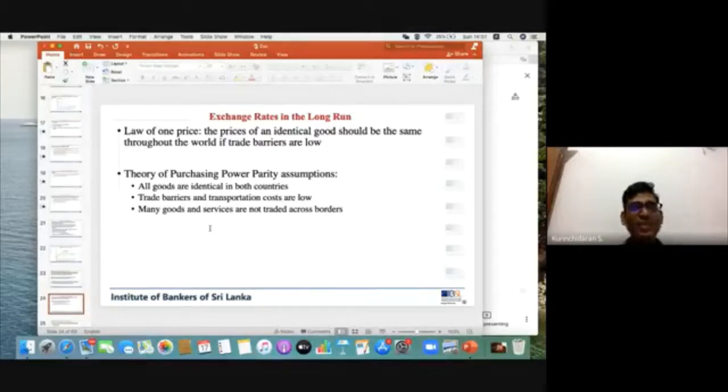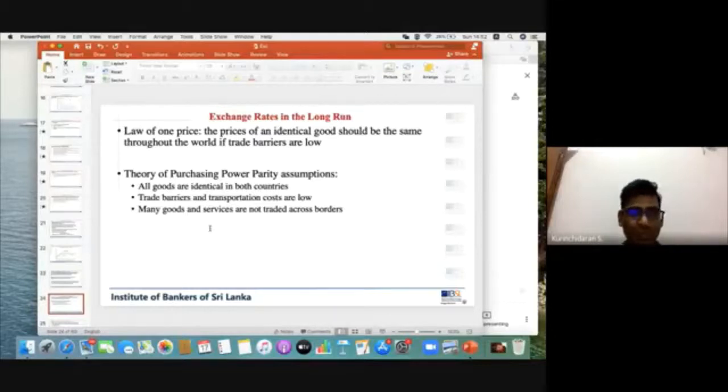Actually, in the law of one price, we have studied that the price of an identical good should be the same throughout the world if trade barriers are low. That we know. So in the long run, this will be the case. The assumptions, I am just quoting again: all goods are identical in both countries, trade barriers and transportation costs are low, and many goods and services are not traded across the board.